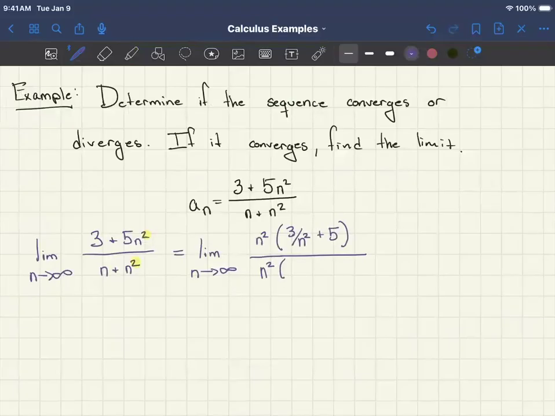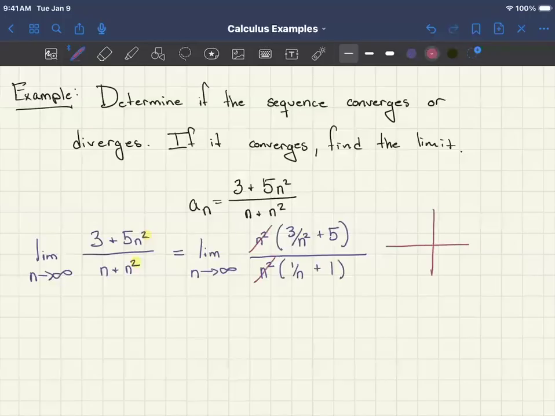When we pull an n squared out of the denominator, our first term is going to be 1 over n because we already have 1n there. And then when we pull out the n squared of our second term, we're left with a 1. Now that we have this, we can cancel the n squareds on the top and the bottom.